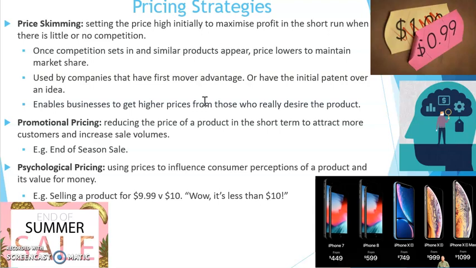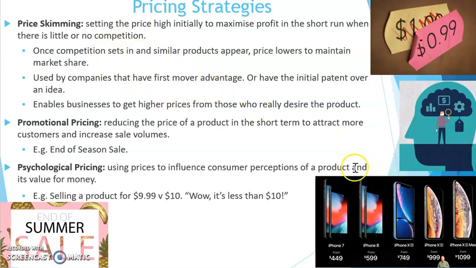They have no other competition in the market, so that they're able to come in and charge that really high price at the start. Because if we charge a high price and there is competition, we're not likely to get many sales. But if we're the first mover in a market, we're the innovator, maybe we've got the patent over our new innovation, we can get away with doing this.